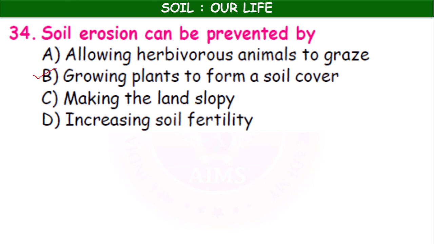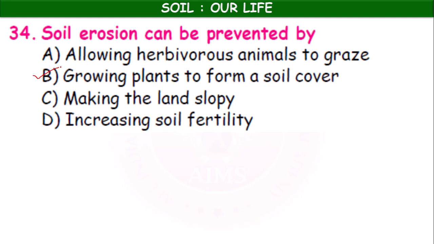By growing plants to form a soil cover, we can prevent soil erosion because the plant root system has the ability to hold the soil particles firmly. The root system anchors the plant in the soil, so by fixing, it will prevent soil erosion.